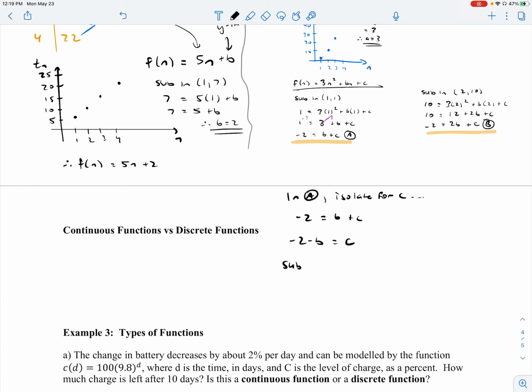Now I'm going to sub C equal to negative 2 minus B into equation B. What I mean by that is I'm going to take this and plug that directly up there for C, because this is what's equal to C. The nice thing is everything will now be in terms of B, and we can solve for B.